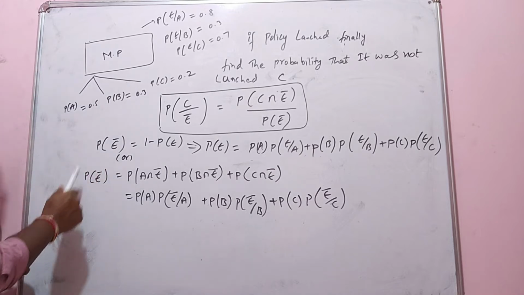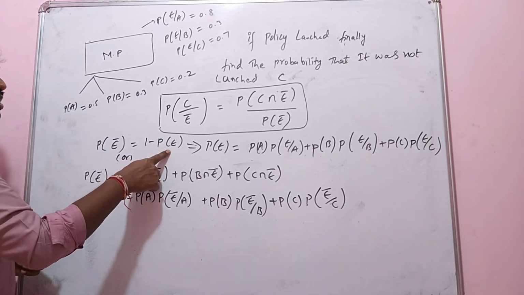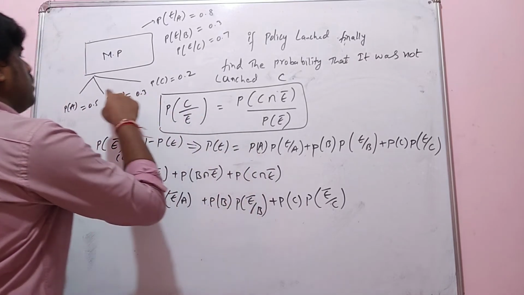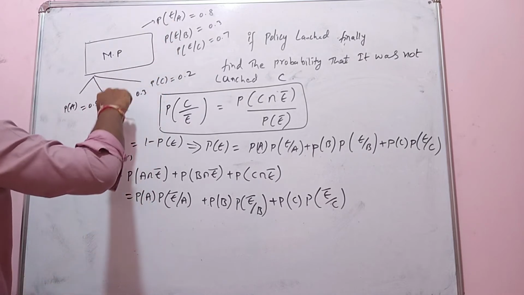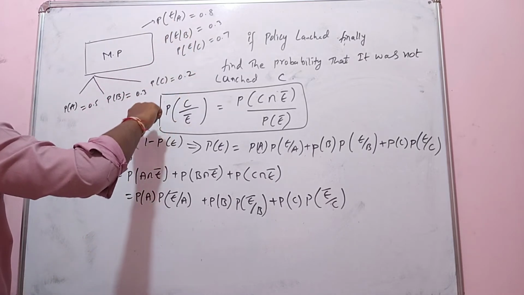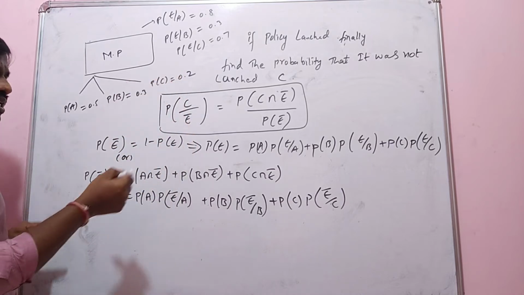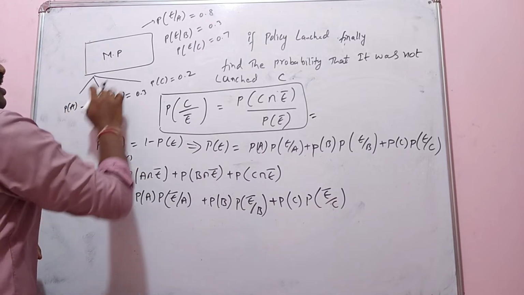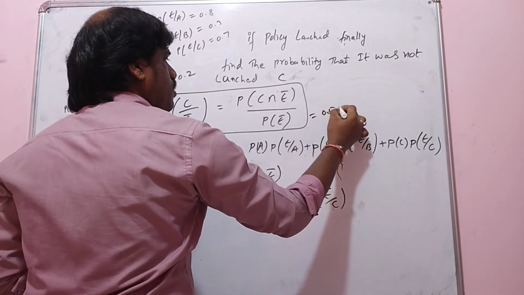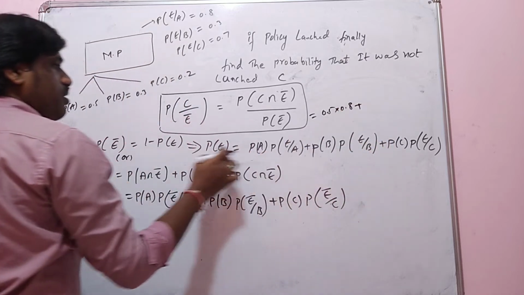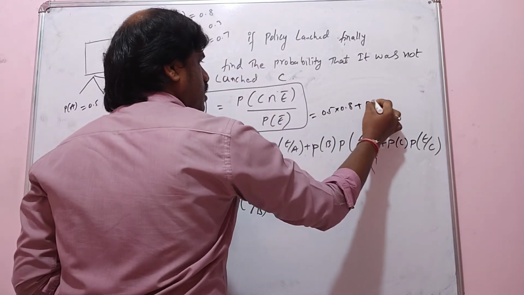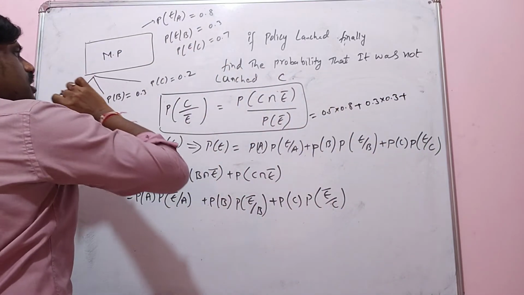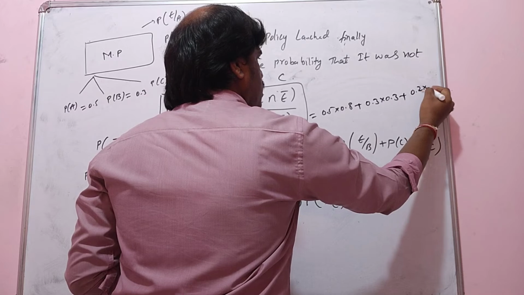Probability of E bar we can write as 1 minus probability of E. Probability of E you already know: probability of A into probability of E by A, plus probability of B into probability of E by B, plus probability of C into probability of E by C. From this we get 0.5 into 0.8, plus 0.3 into 0.3, plus 0.2 into 0.7.